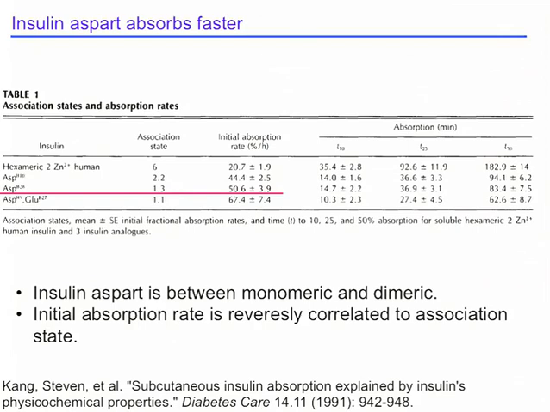And then when you go lower and lower, in this case this is the aspart, you can see they go to a more and more monomeric state, and from the initial absorption rates, you can see that they are inversely correlated with the association state. So this tells us, at a high level, that if you make it more monomeric, hopefully you can get things absorbed faster.